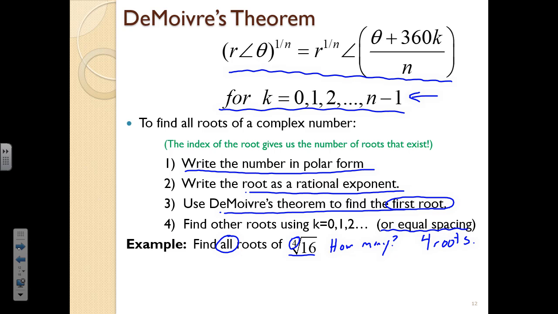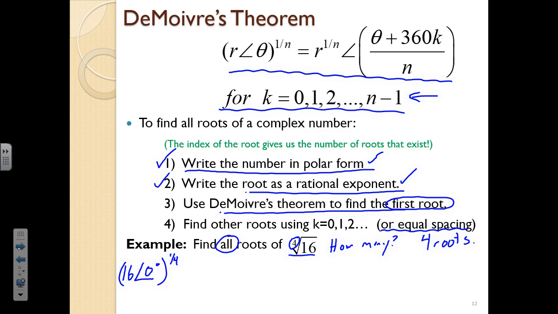So let's write this number in polar form. We know that this number is 16 at a direction of 0 degrees, and we're going to raise that to the 1/4 power. There, we're taking care of steps 1 and 2 together. We wrote the number in polar form, and we changed that fourth root to a rational exponent.